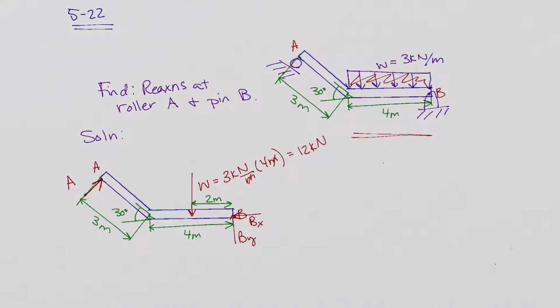So after we draw a free body diagram, we're going to make X to the right, Y up. I think I've got everything labeled. We basically have 3 equations and 3 unknowns.